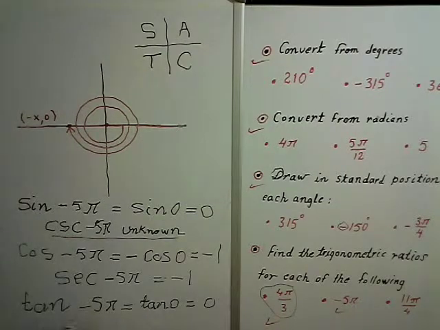And cotan negative 5 by unknown, also there is no inverse, so we can write unknown.